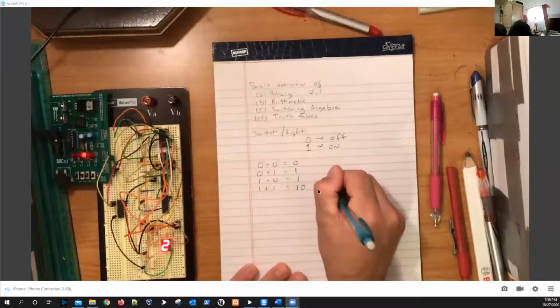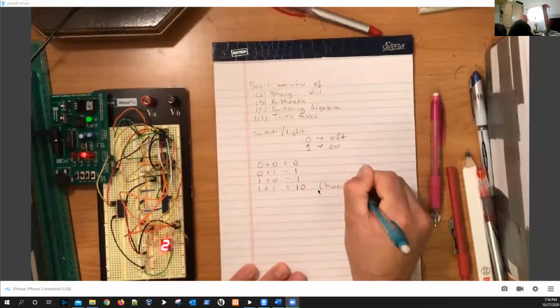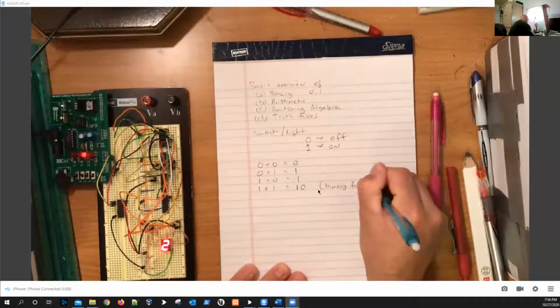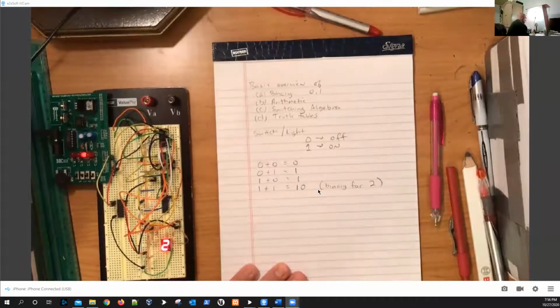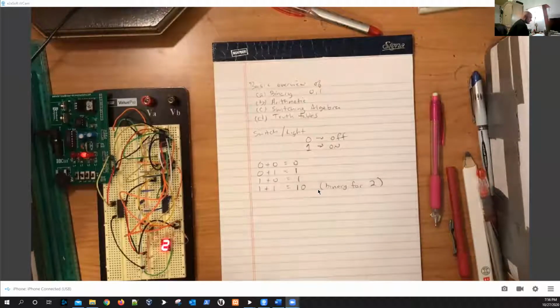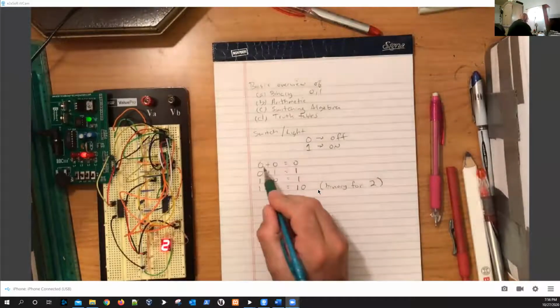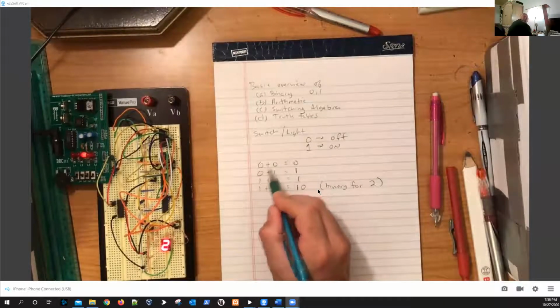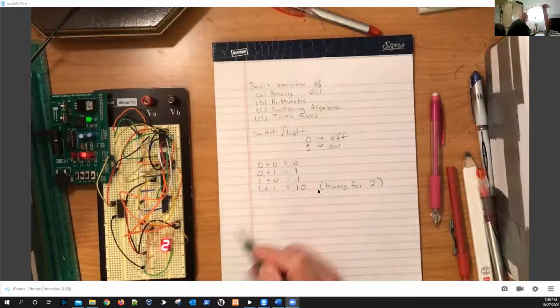And so this is binary for 2. Like I said, this is just a basic overview, but it's something that we cover in the course in the first week of class. We go over arithmetic, and these are all 1-bit numbers, 1 bit and 1 bit, because they're all 1 digit long.